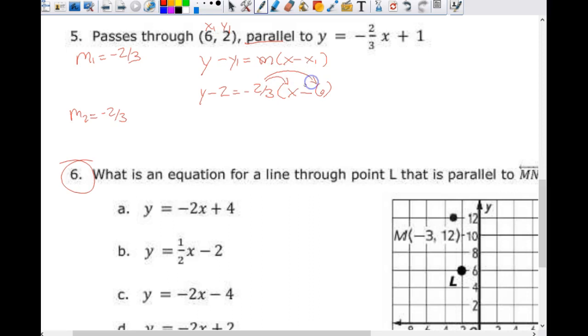Distribute here. -2/3 x. And then we have this minus, which is going to be a plus later. 2/3 times 6. So let's focus on just this part right here. We have -2 over 3 times 6 over 1.